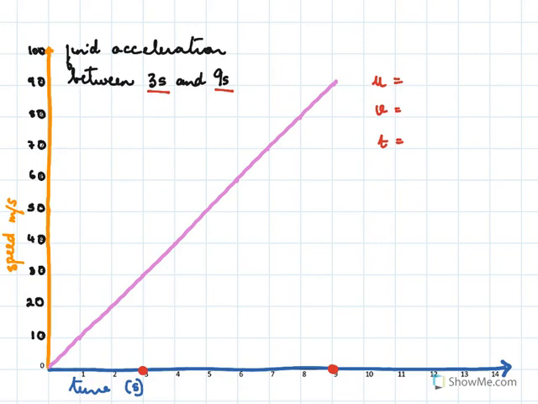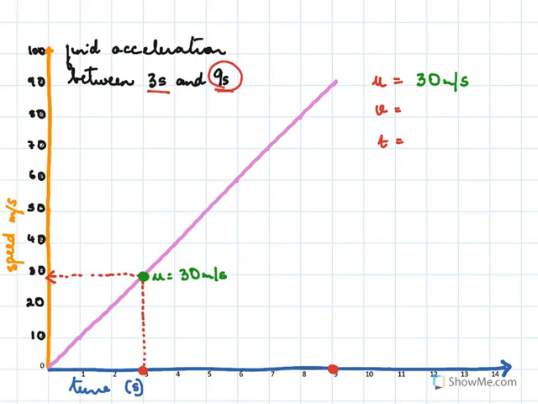Now to find u, u is at 3 seconds. So at 3 seconds, I have to find the velocity. I go up here to the velocity graph. This point here is my u, and u is 30 meters per second. So I'll write here u is 30 meters per second. Now my final velocity is at 9 seconds.